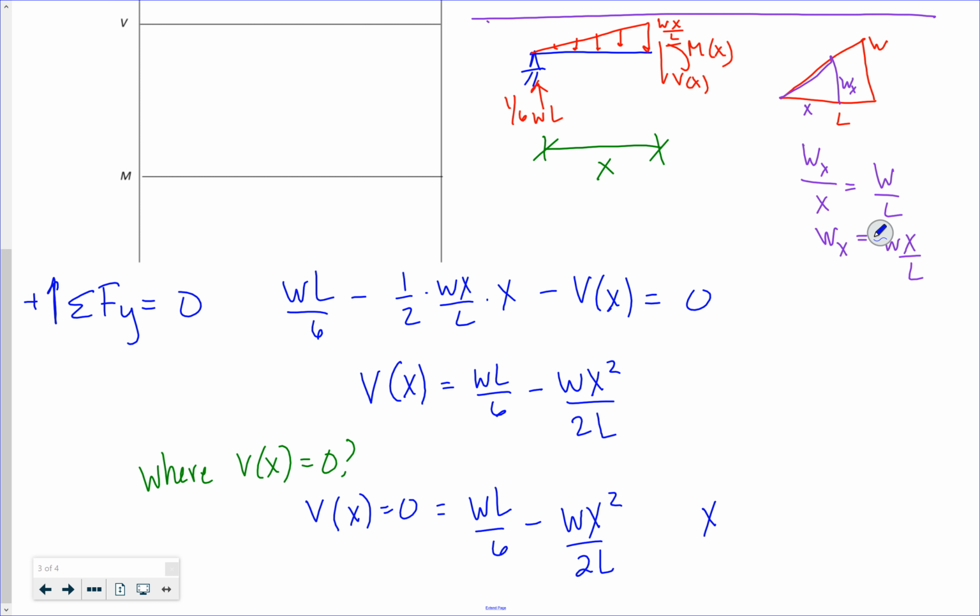And you'll find X equals the square root of 1 over 3 times L. If you want to do the math yourself, basically take 2 over 6 and take the square root. All right, solve for X, which is essentially 0.577L. So it's a little over halfway. Not quite 2/3, not quite a half.